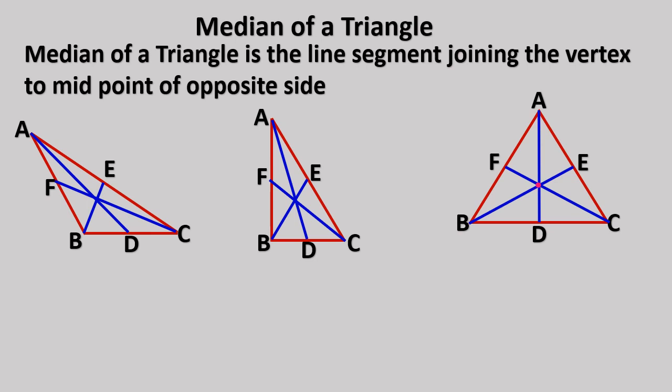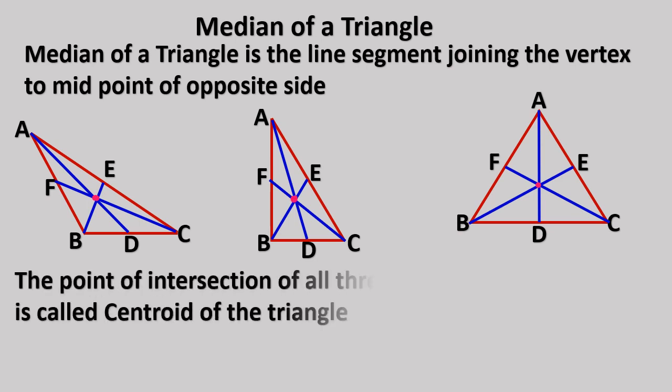Now, the three medians you can see meeting at a common point. What do we call that point? The point of intersection of all three medians of a triangle is called the centroid of the triangle. The middle point, centroid of the triangle.